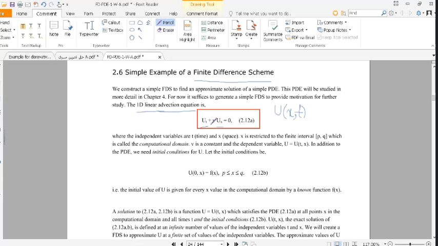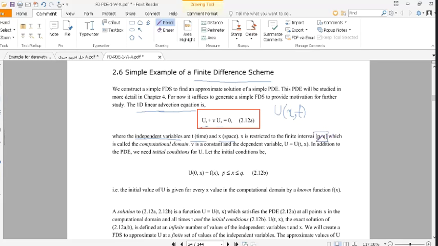The independent variables of this PDE are t for time and x for space. The domain of x, or the computational domain for this problem, is the interval from p to q.